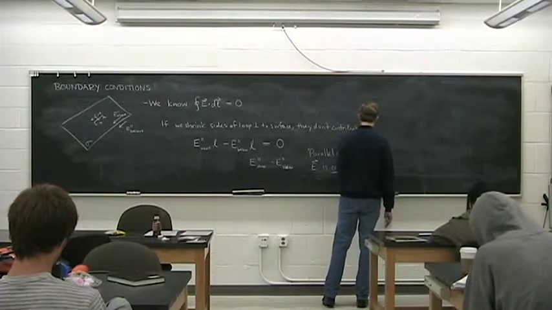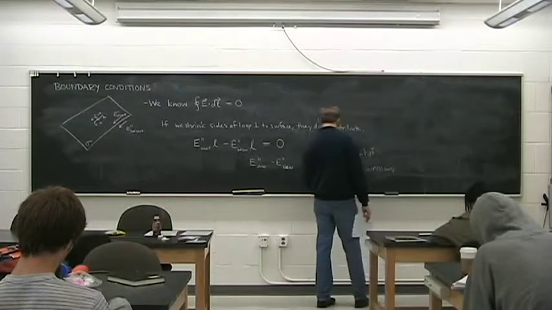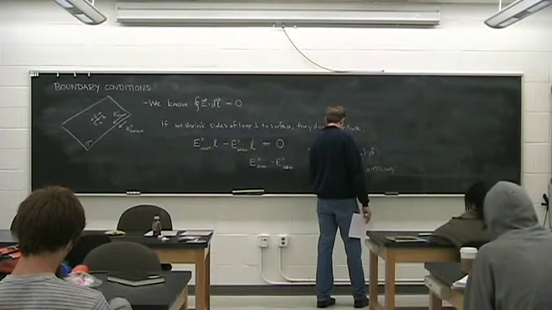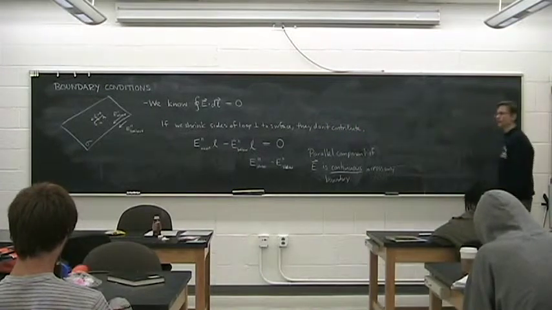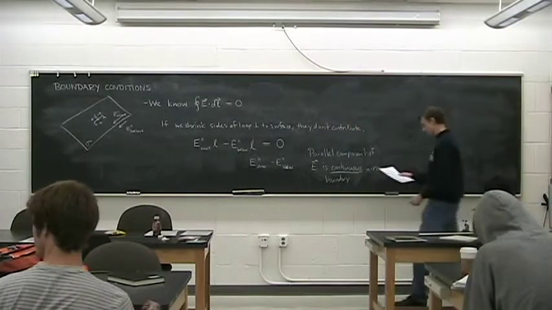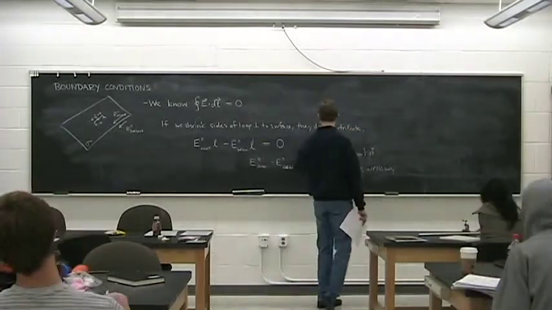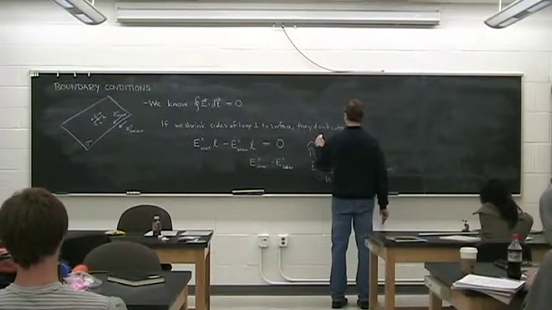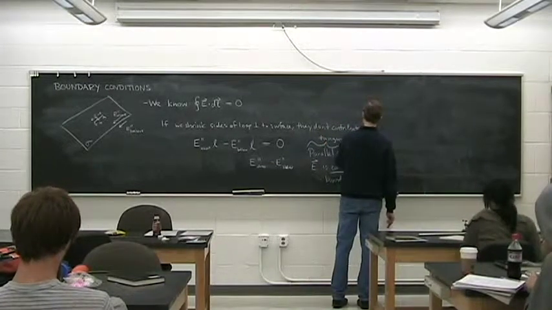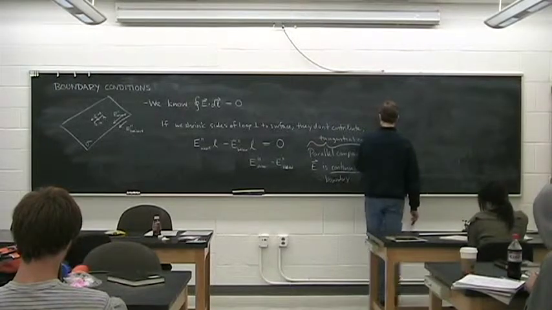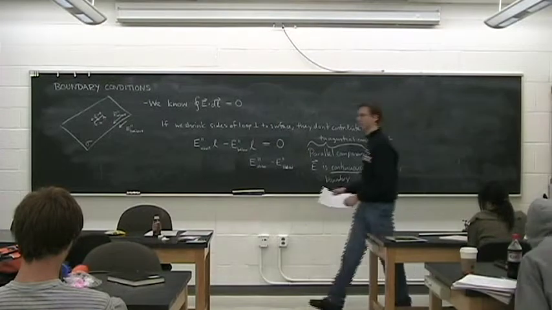It's continuous across any boundary, whereas the perpendicular component jumps across the boundary proportional to sigma over epsilon naught. And often we call the parallel component the tangential component, so we often state that as: the tangential component of E is continuous across any boundary.